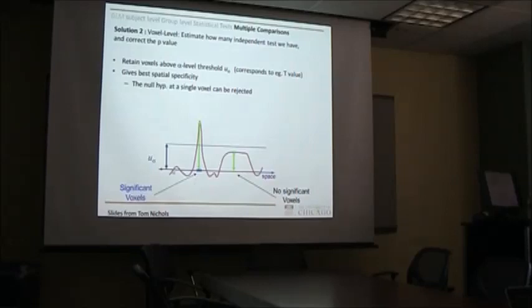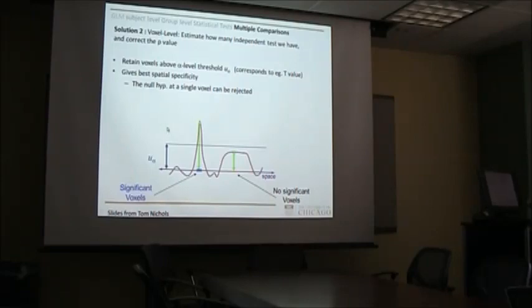If you look at this image, suppose you again take one slice of the brain with all statistical values, and you lay that out in a one-dimensional way, where each little part here is a voxel, and here it's the test statistic value, right? And you're just going to say, well, I've estimated the number of independent tests that corresponds to a certain p-value.